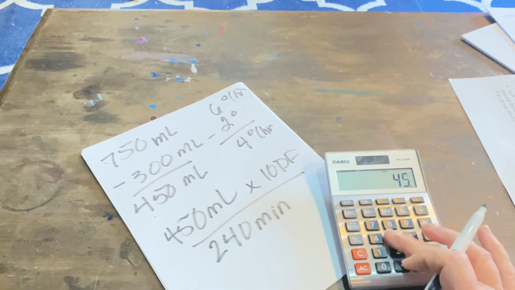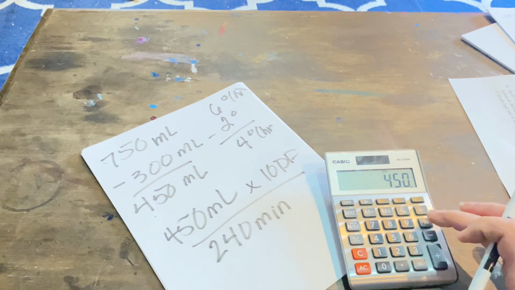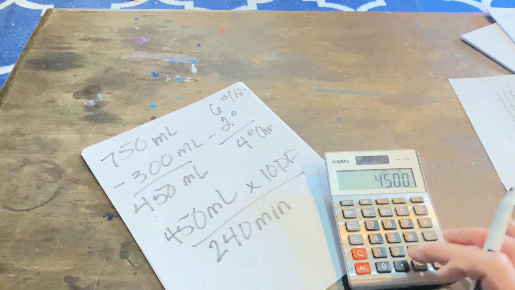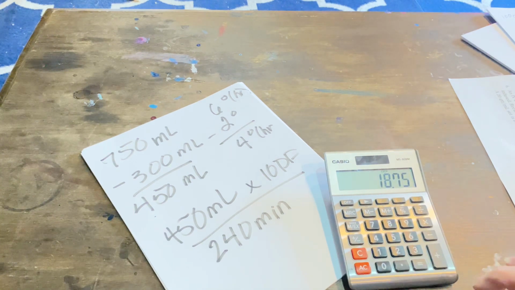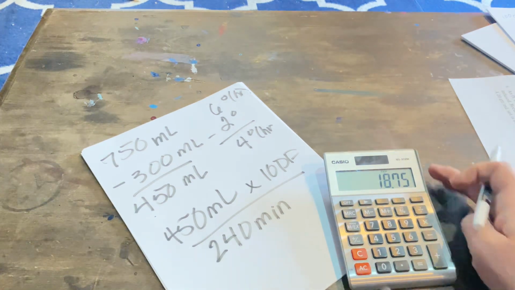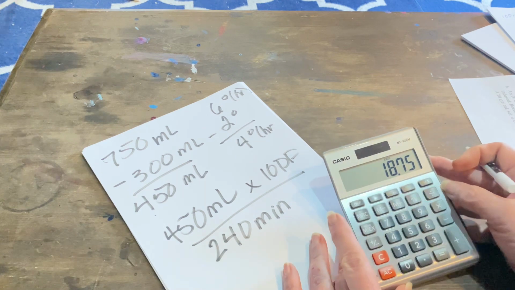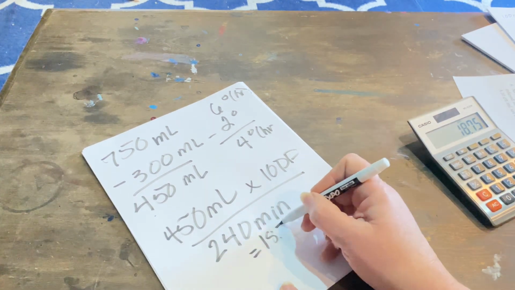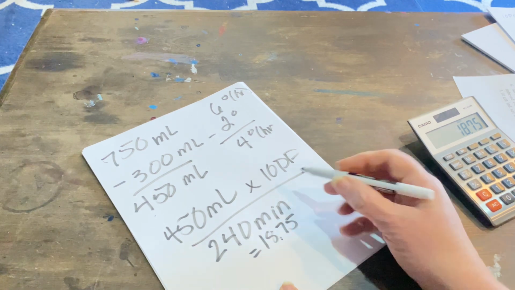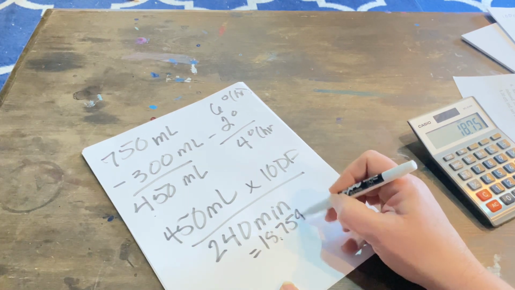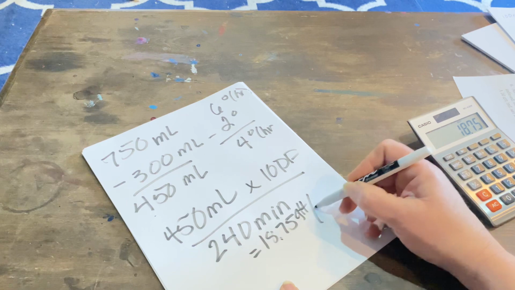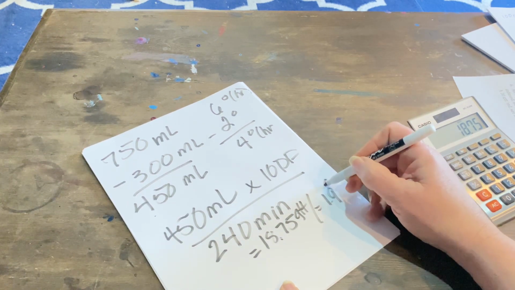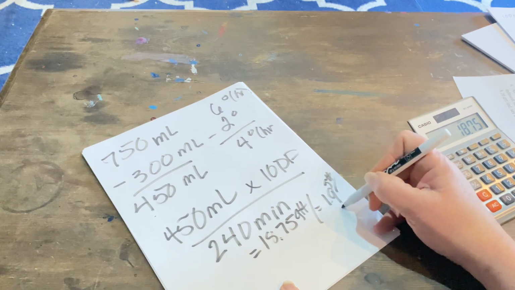And you're going to do 450 times 10 divided by 240 equals 18.75. And you know where that's going. That's going to equal 19 drops per minute.